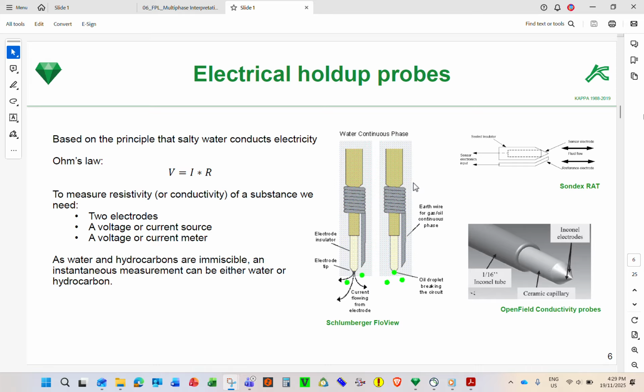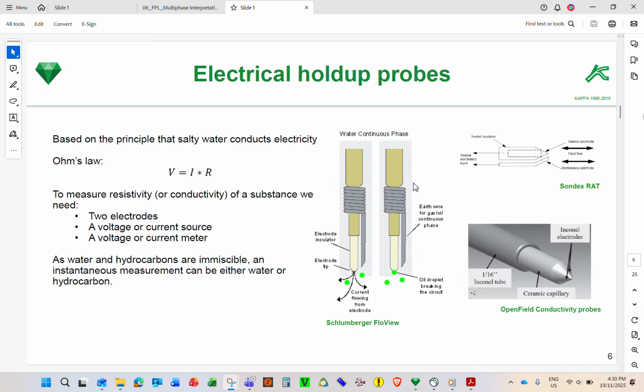If you have a bubble of oil that sticks on one of the probes or electrodes, it will disconnect. So you have some connection, disconnection, and so you have some signals depending on the bubble versus time. You can have a small bubble or droplet, as they call it, that disconnects in the water. So the oil bubble can be small.